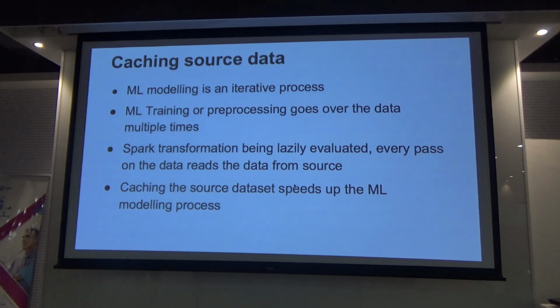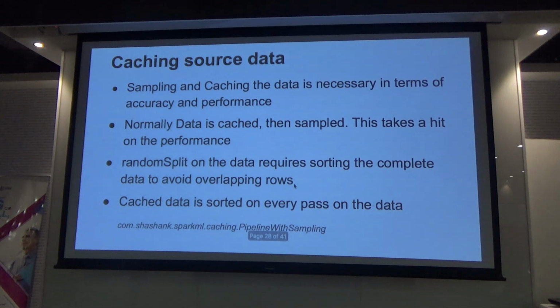It will read from their disk, which will be much faster than going to the source like a MySQL database, S3 or HDFS or anything. So caching data speeds things up. Next, what is the best practice when you combine both? Sampling and caching the data is necessary in Spark. One is for accuracy, and the other is for performance.